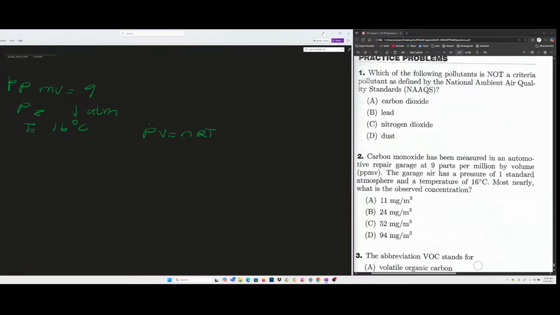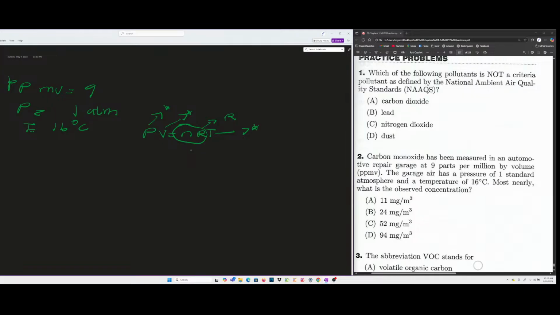Now in this ideal gas law, we have P right here, we have V right here, and we're looking for the most nearly observed concentration. R is a constant, and we have temperature. So if we want to get the concentration, we have to break down n, the number of moles.